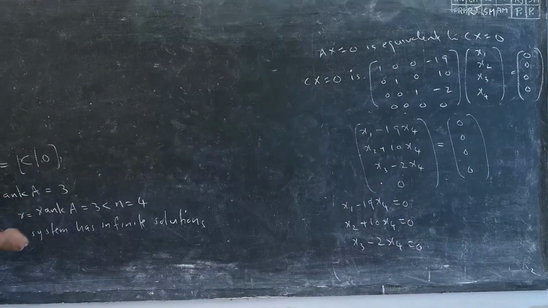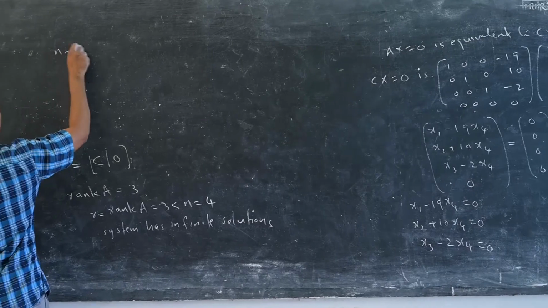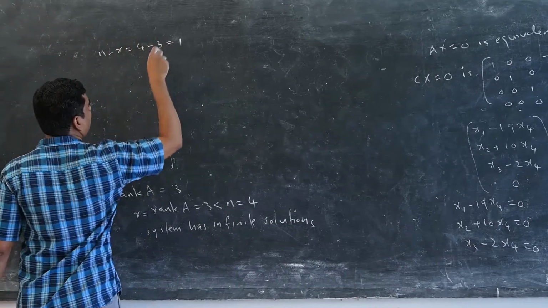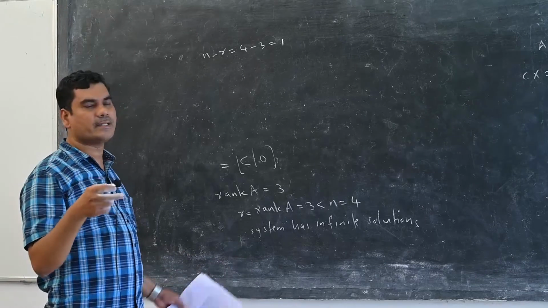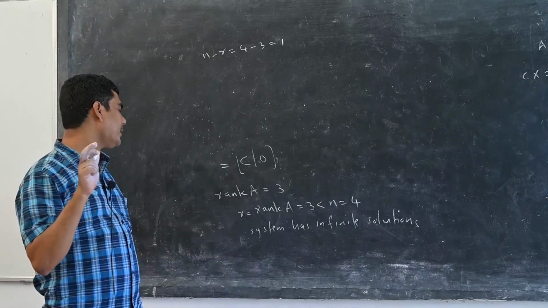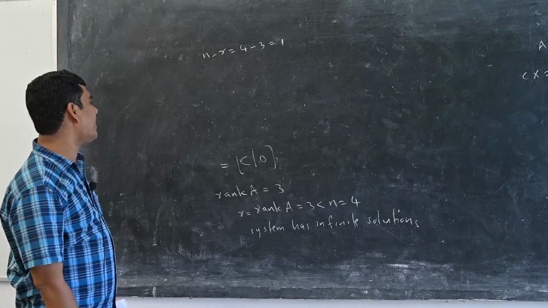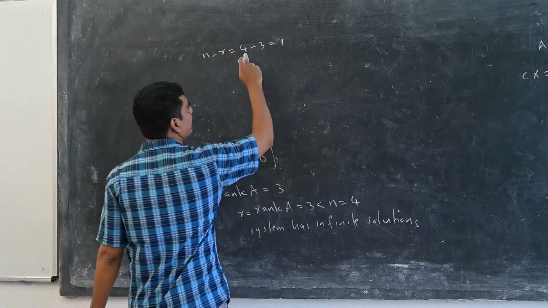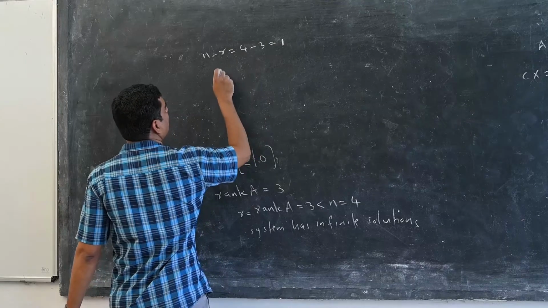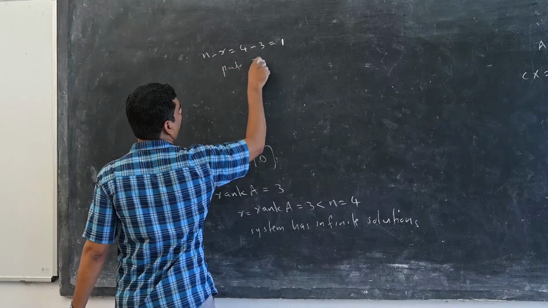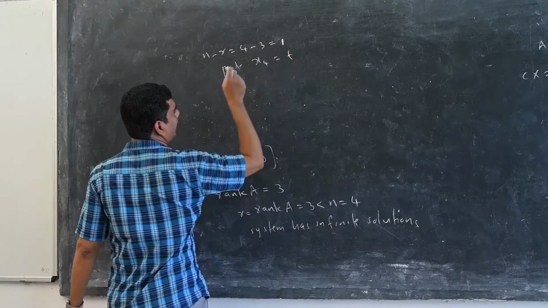Now here n minus r is equal to 4 minus 3 equal to 1. So choose n minus r parameters arbitrarily. If r less than n, choose n minus r parameters arbitrarily. Here n minus r is 1. So choose one unknown arbitrarily. So put x4 is equal to t. t is any real number.